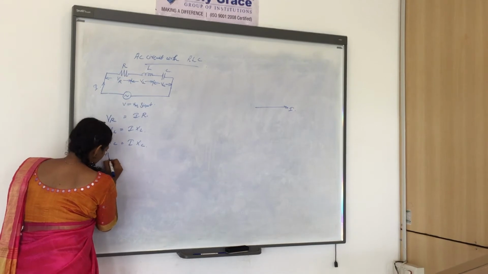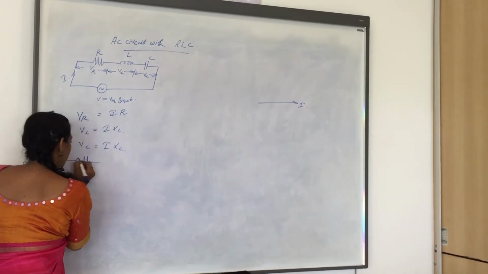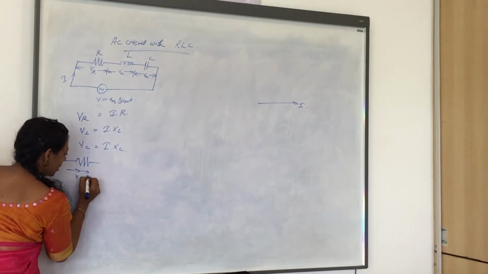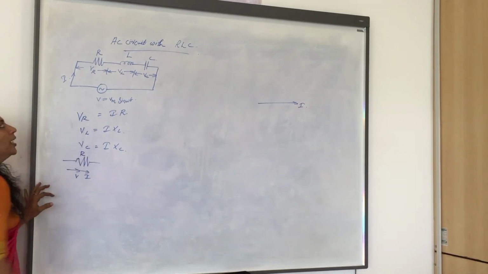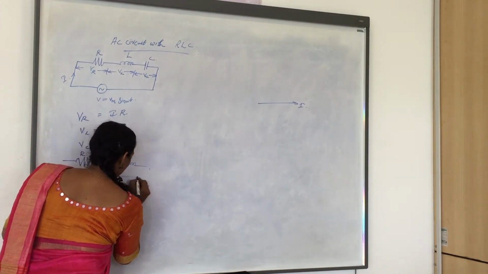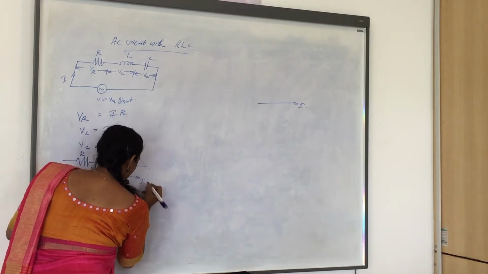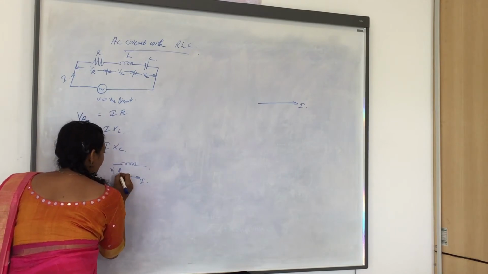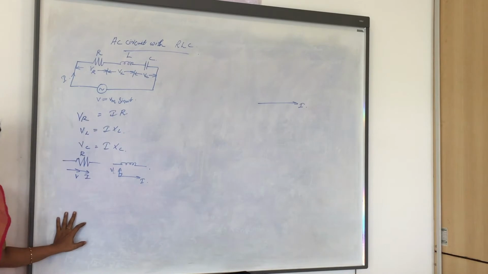In a pure resistive circuit, voltage and current are in phase. In case of pure inductive circuit, the voltage leads the current by 90 degree.